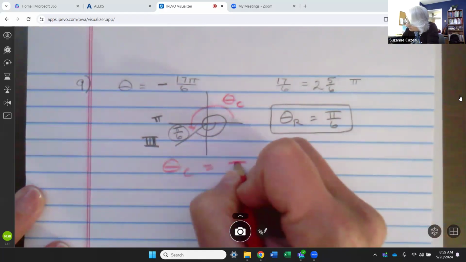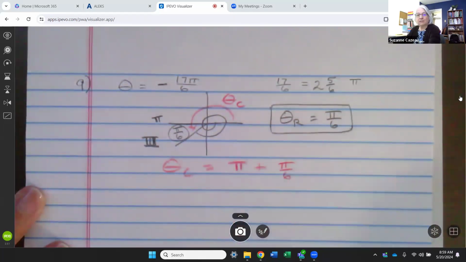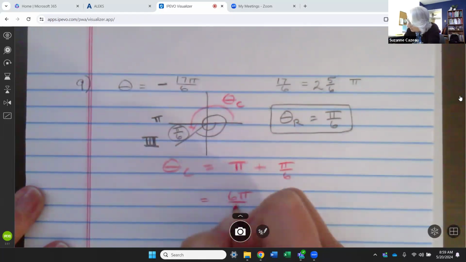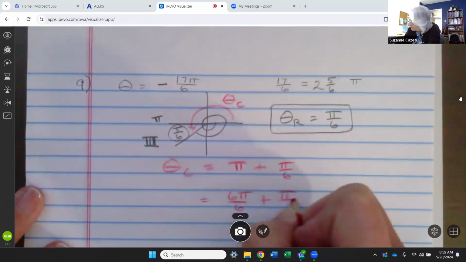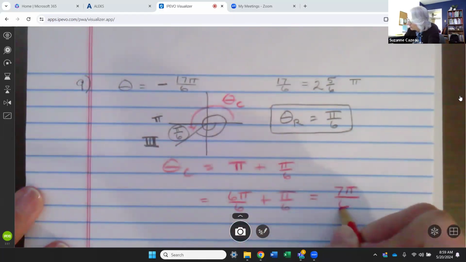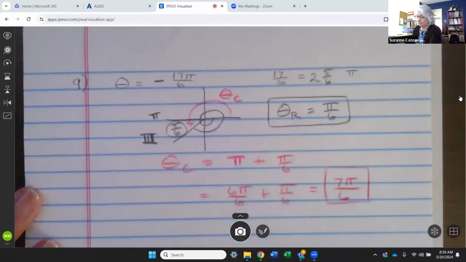So that means that's 6 pi over 6 plus pi over 6, which is 7 pi over 6. So that's theta sub c.